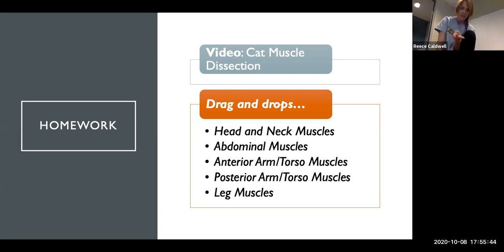Biceps femoris, semitendinosus, and meat. Semimembranosus, yes. So butchers tenderize meat. Biceps femoris, semitendinosus, semimembranosus. And then lastly, we have the lower leg.